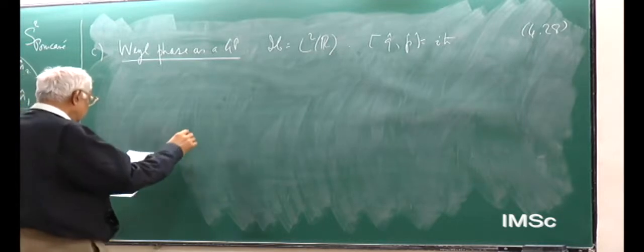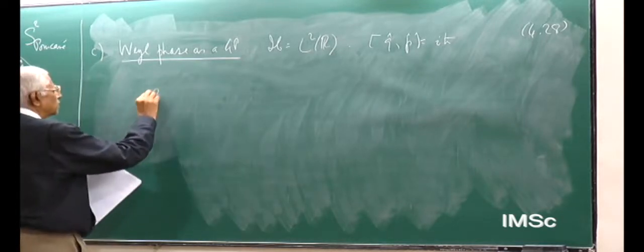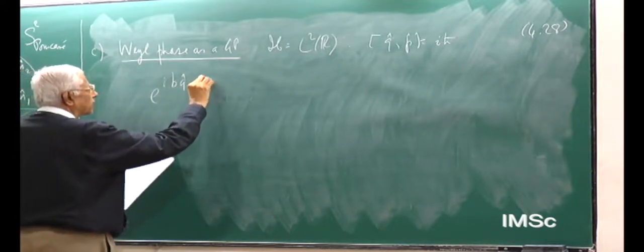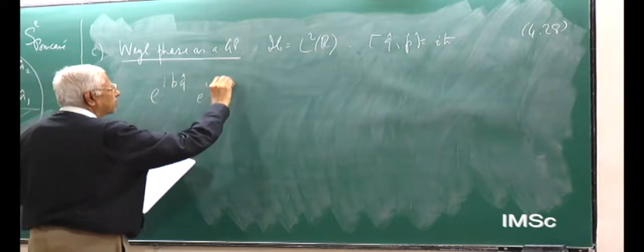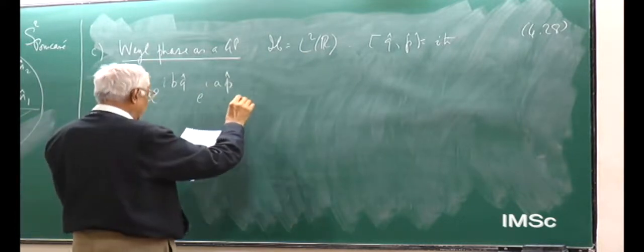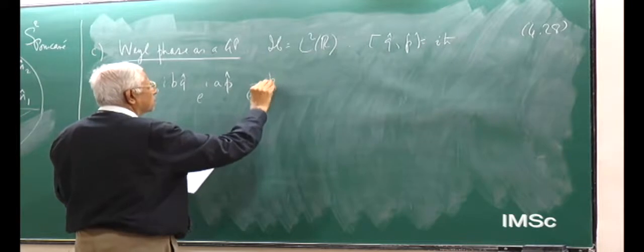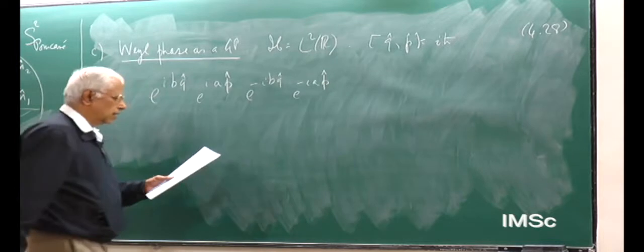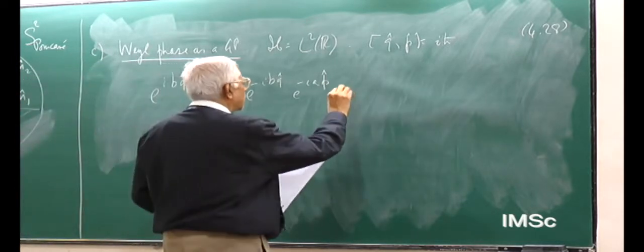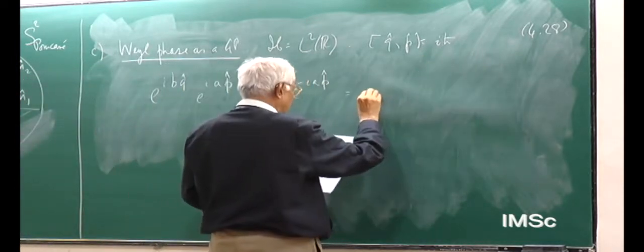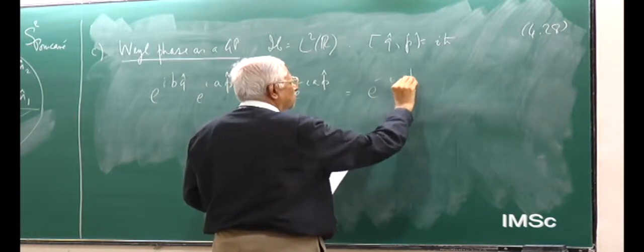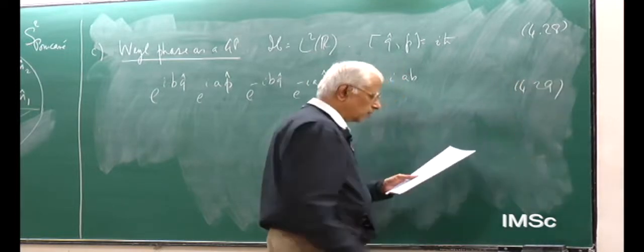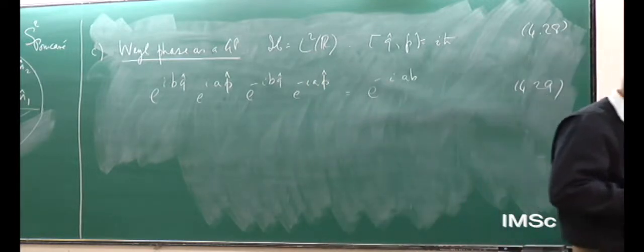And as you know, in exponentiated form, using only unitary operators, it can be written in this way. This is called the Weyl form. This is equal to, now I will put h bar equal to 1 to avoid complication in expressions. So this is the Weyl form of the canonical commutation relation.